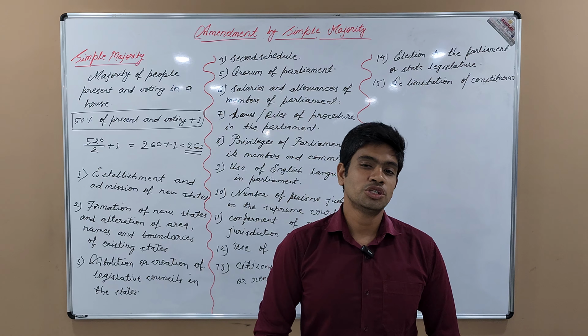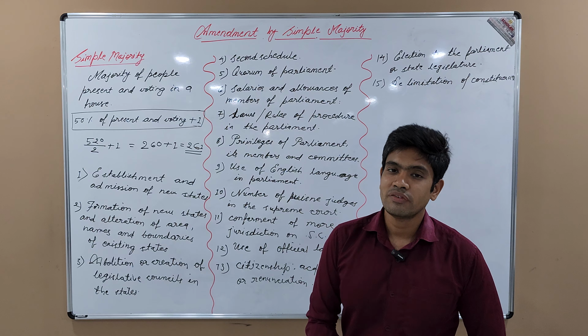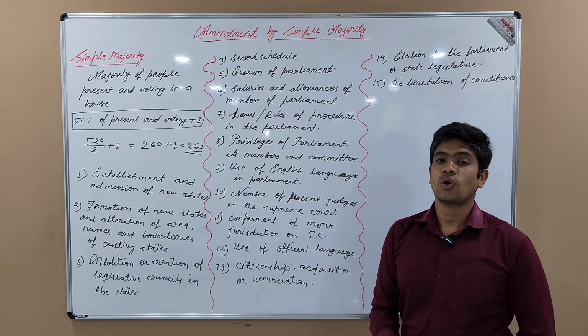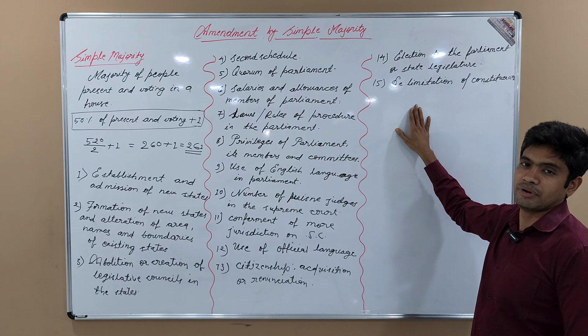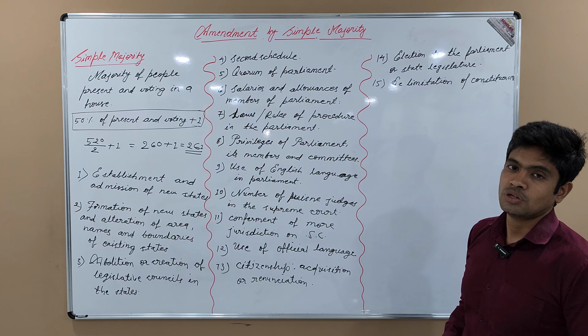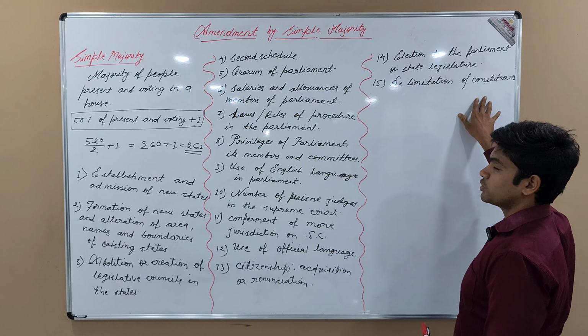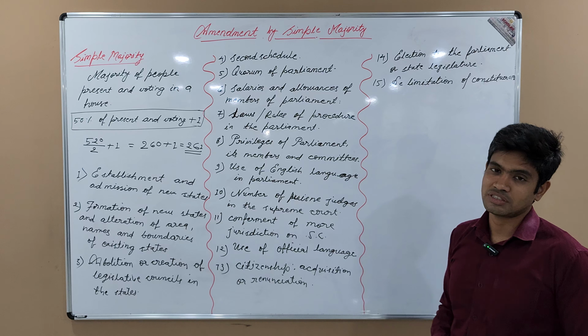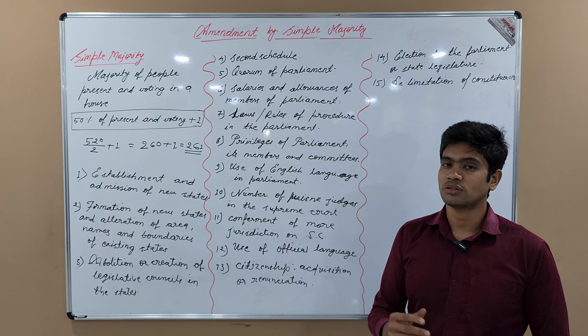Similar constituencies are also there for the election to the legislative assemblies. So whenever there is any change in any constituency, that change can be easily made by the parliament using the simple majority. So any bill seeking the delimitation of constituencies, changes in the constituencies, must be passed with the simple majority in each house of the parliament.